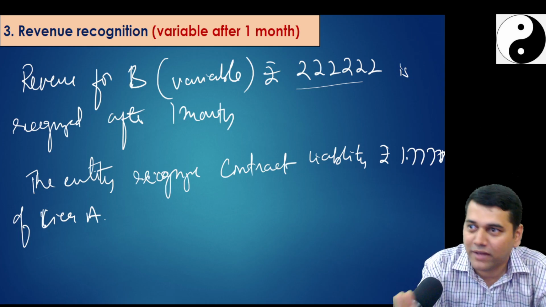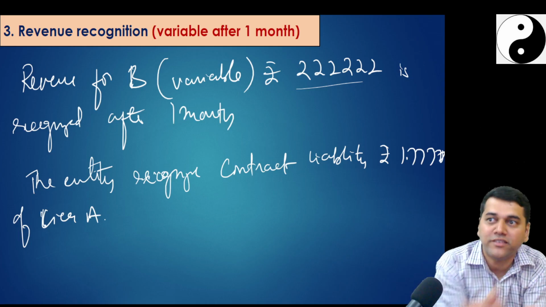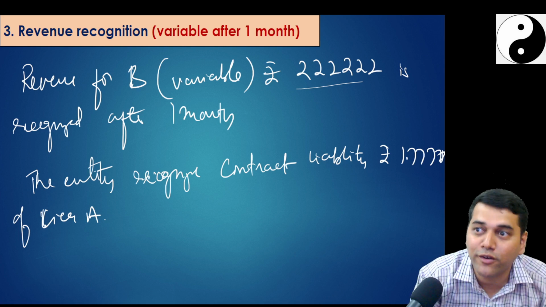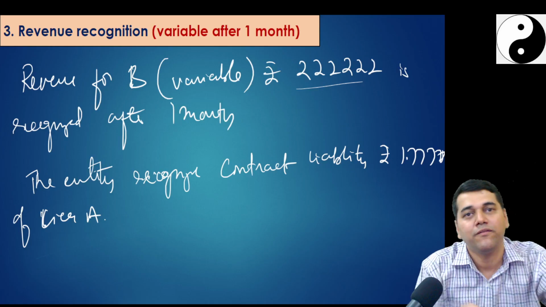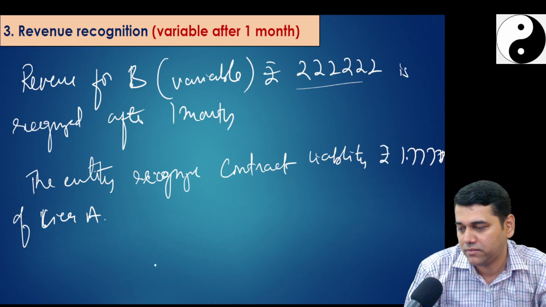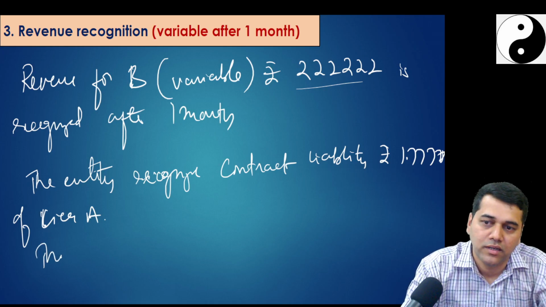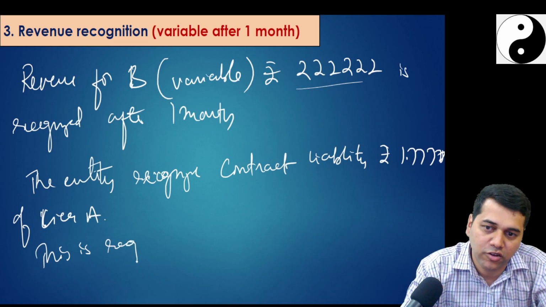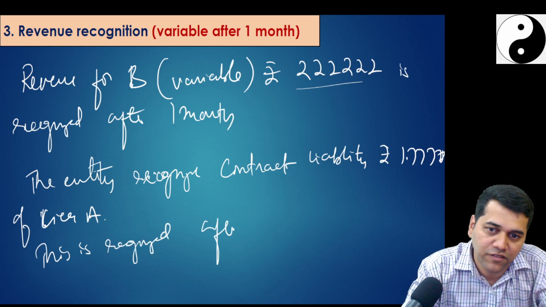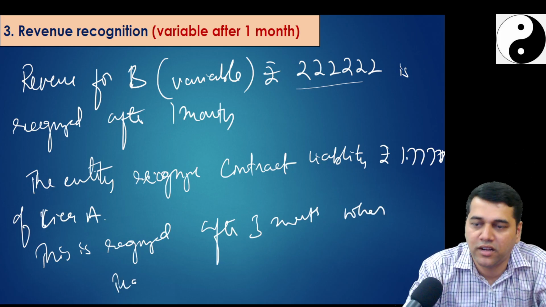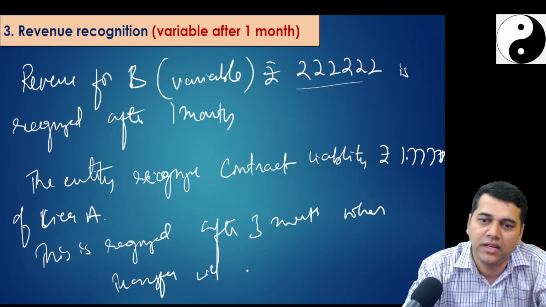The amount 1,77,000 is nothing but the variable consideration allocated to A. When will you recognize? After 3 months, when the transfer is going to happen.